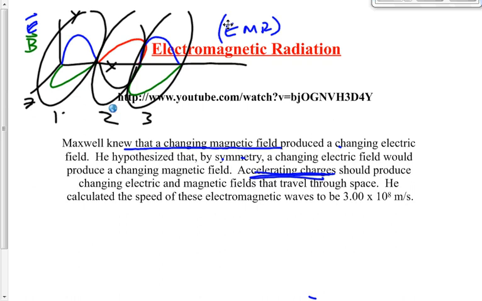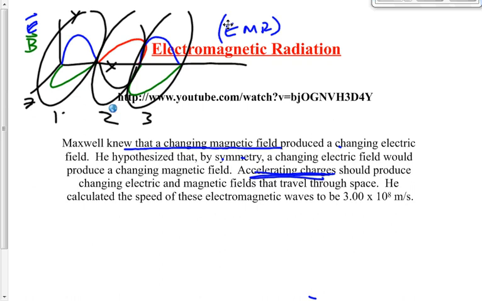Number 1 gives way to number 2 gives way to number 3. But if you have a still accelerating charge, the source of the field is still there, then you're going to get number 1 replaced by number 2, but number 1 is going to form again as a result of that accelerating charge.